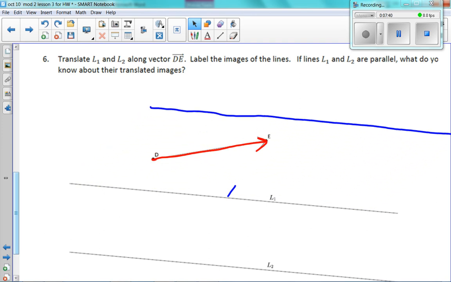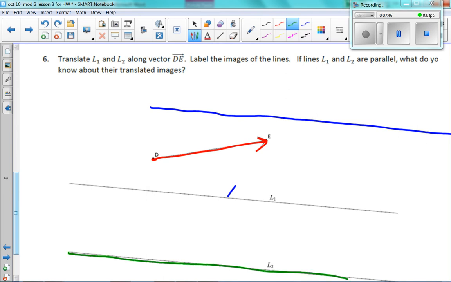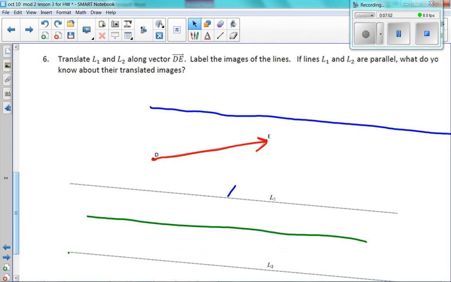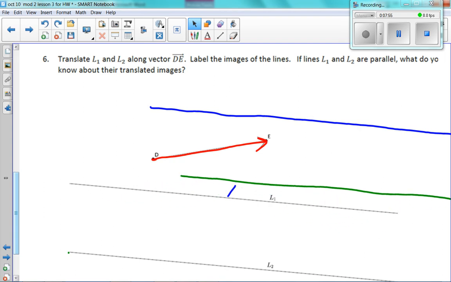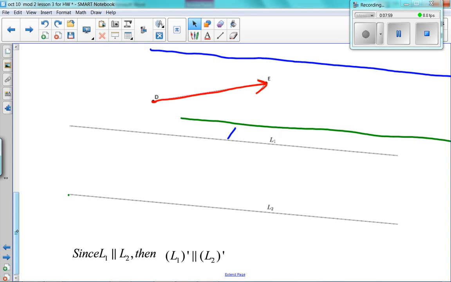And I'm going to do the same thing for line 2, because that also gets moved along the vector. So I'm darkening it in the way you would on your transparency, and then we're moving that up and over. And what we should notice is what? Since L1 and L2 are parallel, then their images, L1 prime and L2 prime, are also parallel.